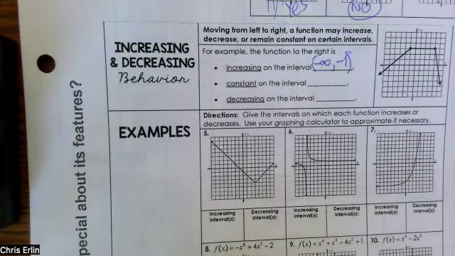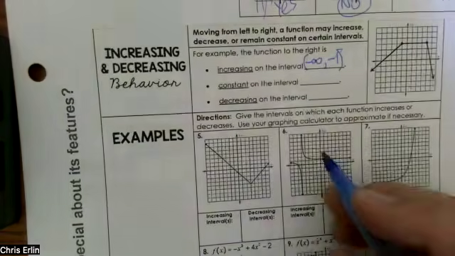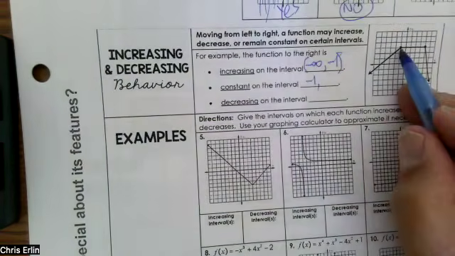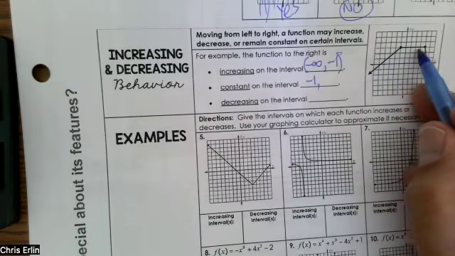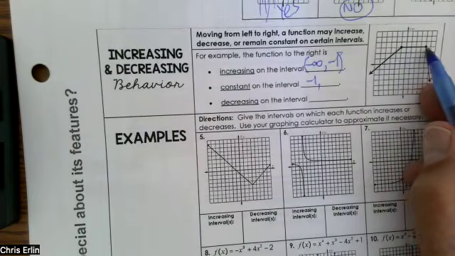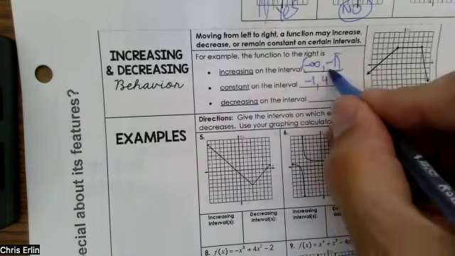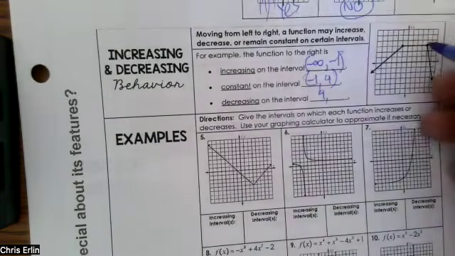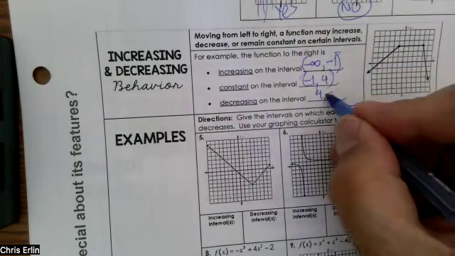It's static at that point. Subtle piece. It's constant from -1. It stays the same y value all the way until 1, 2, 3, 4. And then it begins to decrease. From 4, it decreases forever on to infinity.